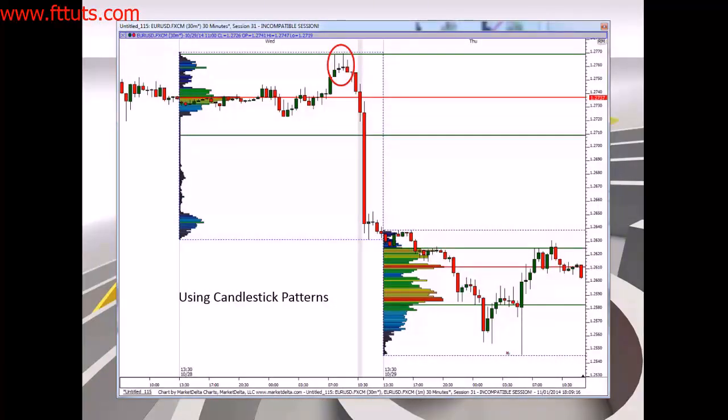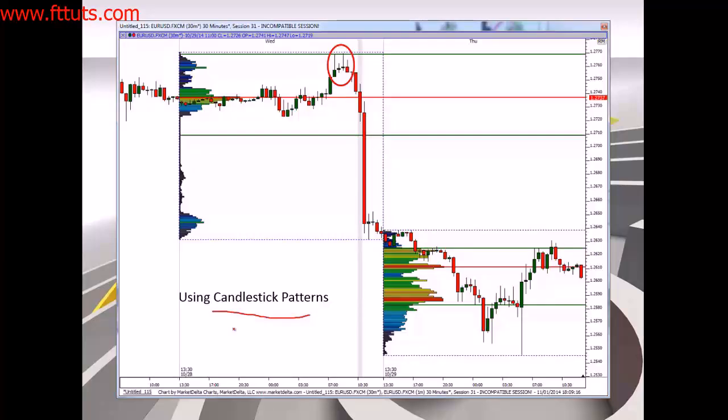Now let's go back to the beginning of our focus, which is integrating technical analysis and profile concepts. Well, one of the key things in technical analysis is candlestick patterns. There's a whole art and science, and I don't want you to ignore or take for granted all the things that you've learned about candlesticks.